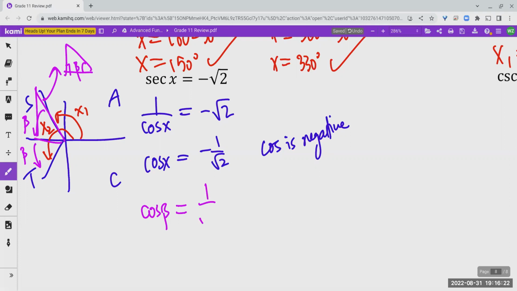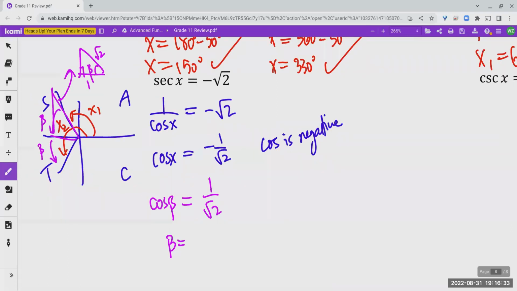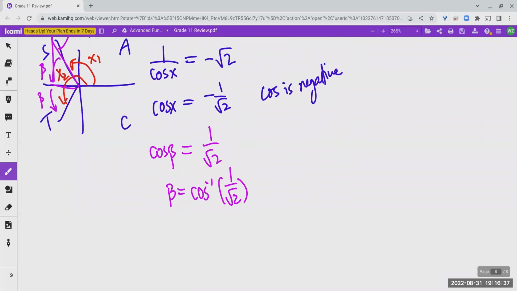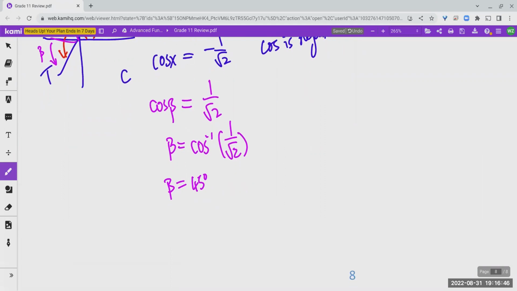So that's just 1 over root 2, right? Because we know its cosine is adjacent over hypotenuse, so 1 over root 2. So beta is the arc cosine of 1 over root 2, and that is 45 degrees. Again, special angle. I picked special angles on purpose, so I don't have to whip out a calculator. Okay, cool. I found beta.